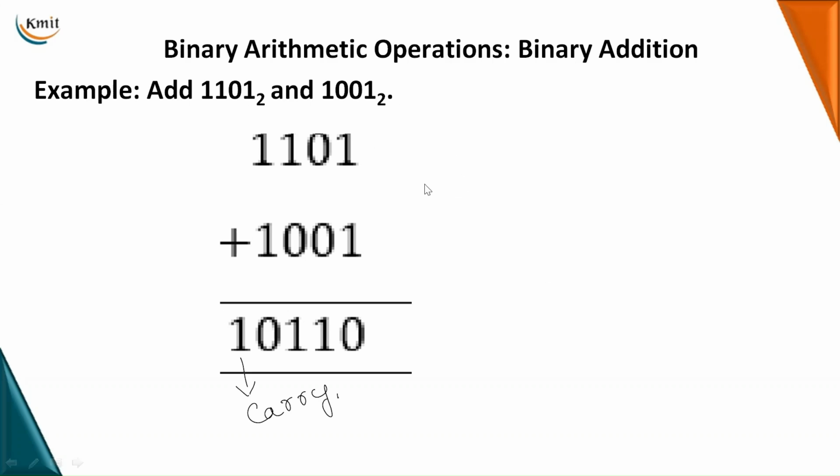Consider adding these two binary numbers, 1101 and 1011. 1 plus 1 will give me 10. So 1 is my carry and 0 is written here.